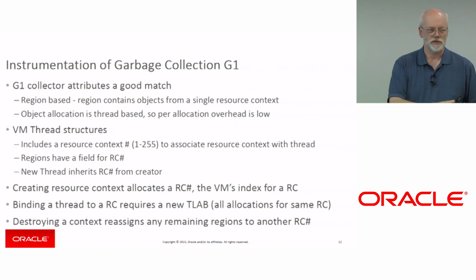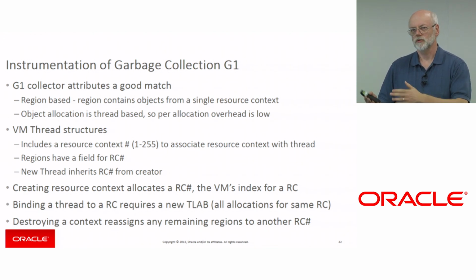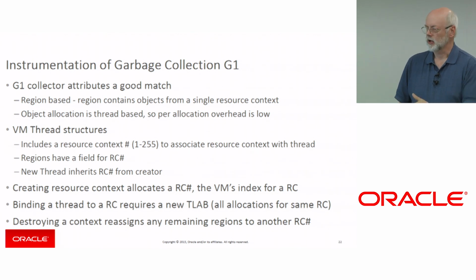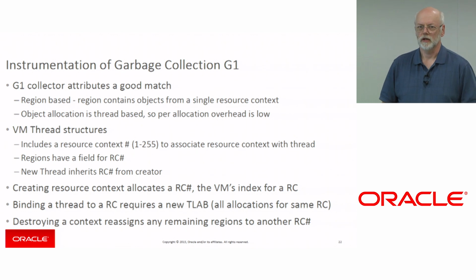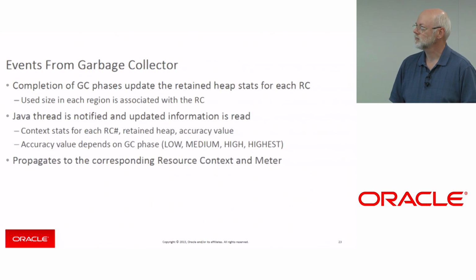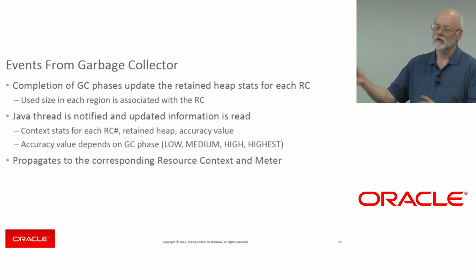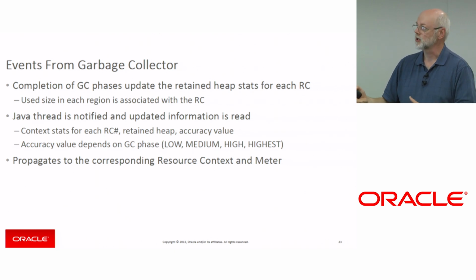And then at the tail end of destroying resource contexts, all the memory that used to be held by that resource context has to go somewhere. So they all get moved en masse to another resource context. There is a magic system resource context, which is used as a dumping ground for everything that's not otherwise bound. So the garbage collector maintains this information about allocations and regions.